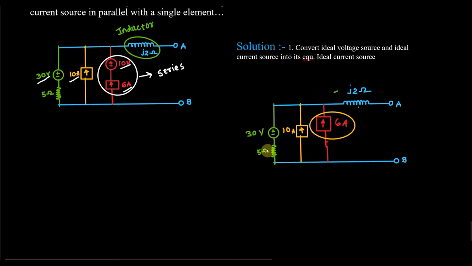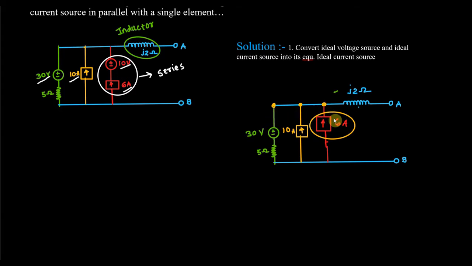Now we will see the connection. If you observe, there are three sources. This is the first, the practical voltage source. This will be the ideal current source. This will be again an ideal current source.